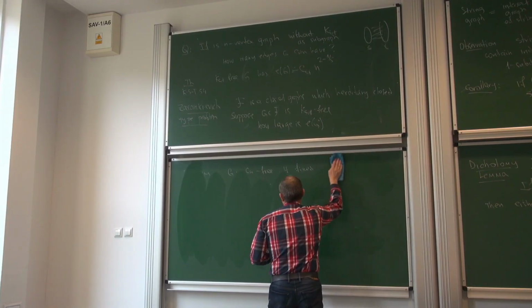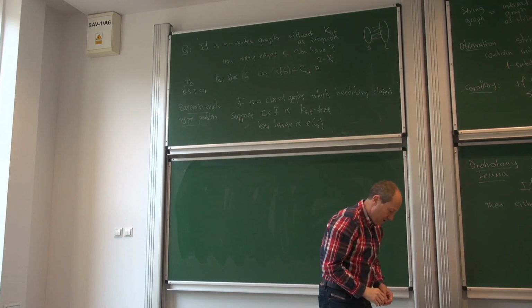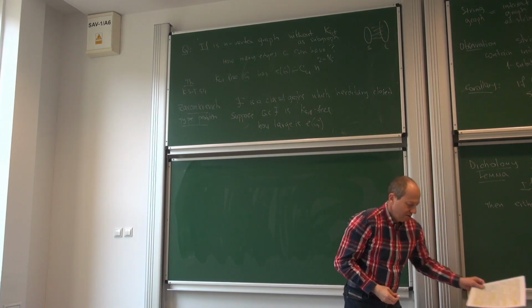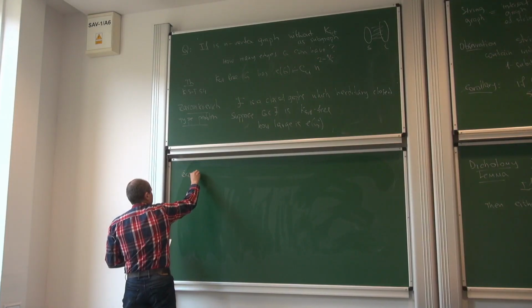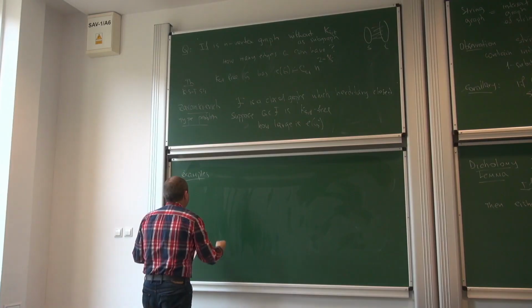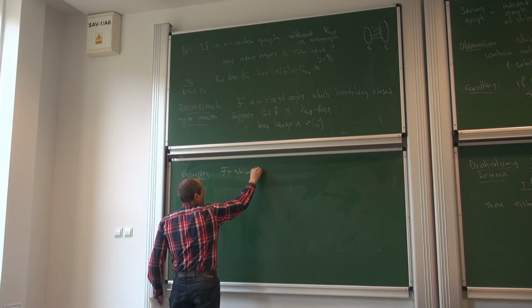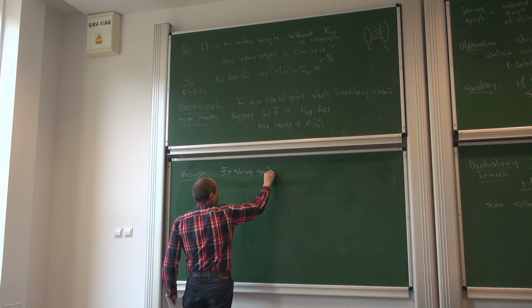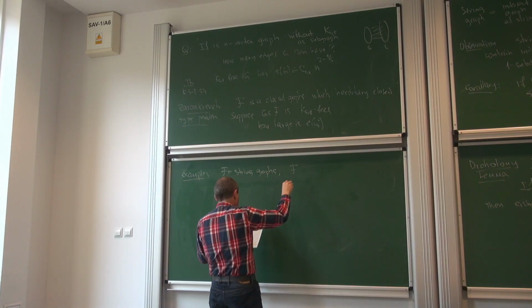So let me give some examples of what people consider. Right, so examples. So what can F be? We said F is string graphs. I will explain the names.